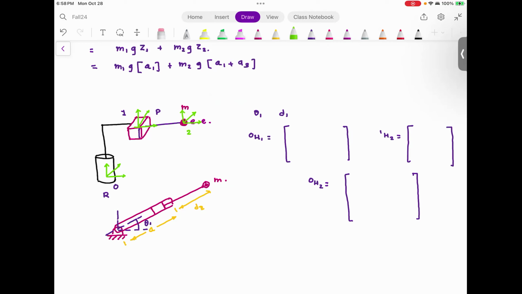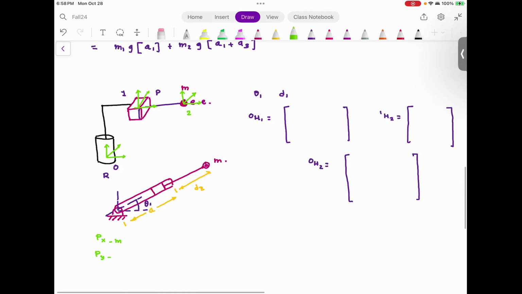So if I want to find out Px of m, Py of m, and Pz of m, I can get those values from 0h2, 0r2, 0, 1, pxm, pym, and pzm.